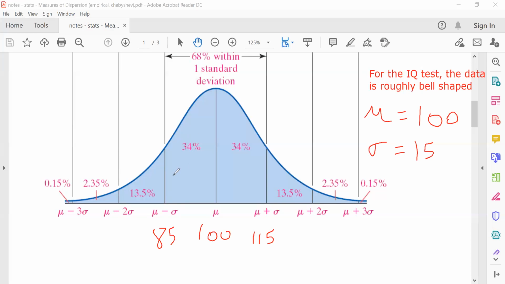This also means 34% of test takers have an IQ between 85 and 100, because 34 is half of the 68%. What else can we do? If you go 2 standard deviations in each direction, if you take the mean of 100 and you add twice the standard deviation, that would give you 130. On the other end, it will give you 70.